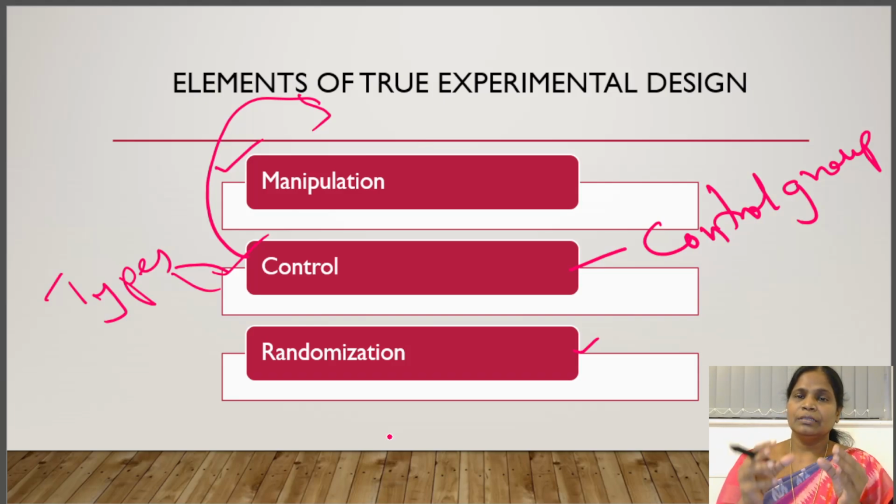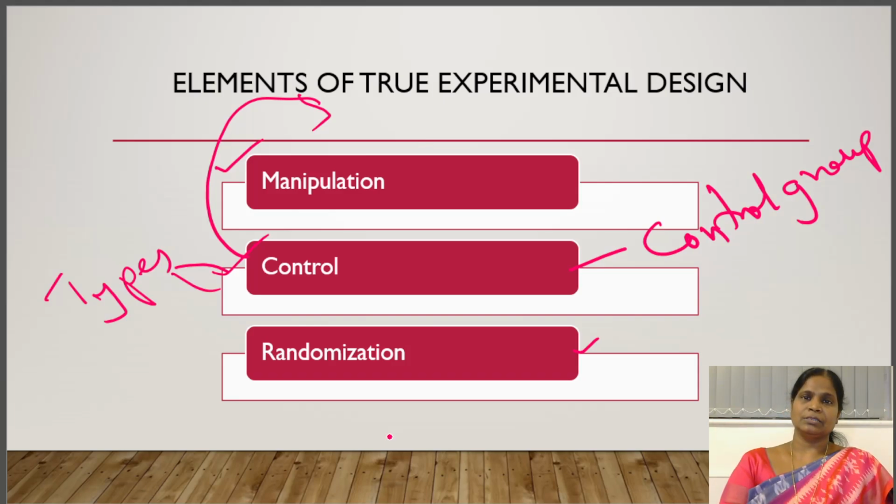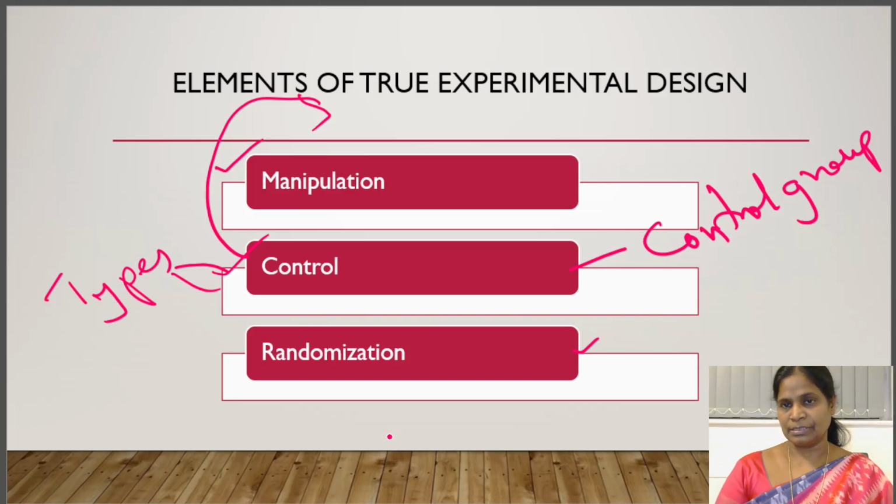How do you pick the 25 samples? You can write slips from 1 to 100, put them in a jar and pick 25 slips randomly, and whosoever number is there, you can take that student. So among the 100 students, whoever are involved have an equal chance of getting involved in that study. That is called randomization.